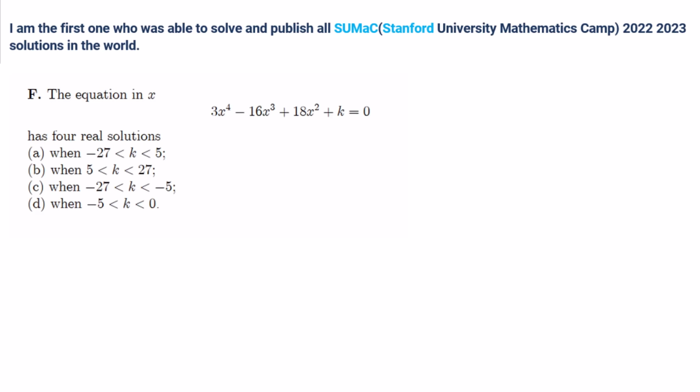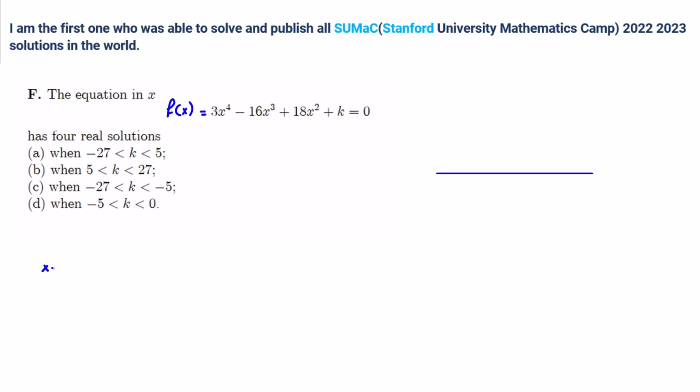The equation in x has 4 real solutions, when k is from something to something. One thing we can do: if it has 4 solutions, suppose it is f of x.